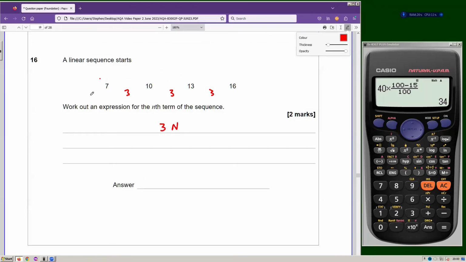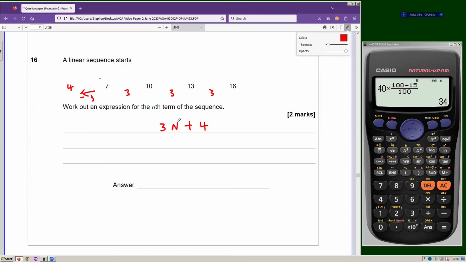And what I like to do is go back one place. So if we took minus 3 off, we're going to get to a 4 there. So that is going to be plus 4. So get back to the 0 term, because then it's a bit like saying n is 0. So this bit disappears. You must start with 4 for the 0 term.